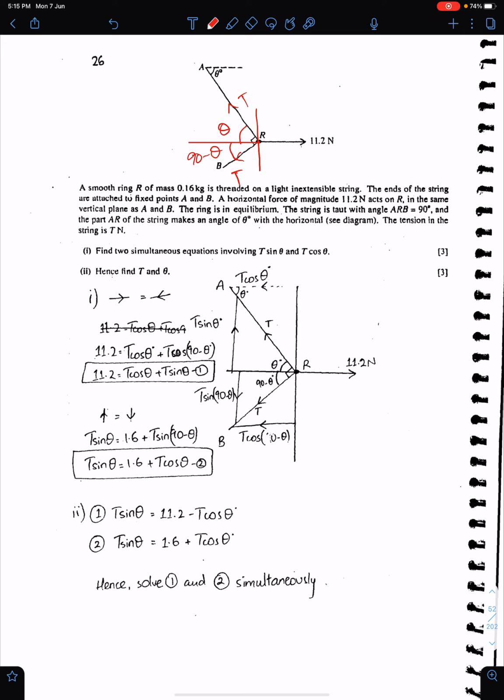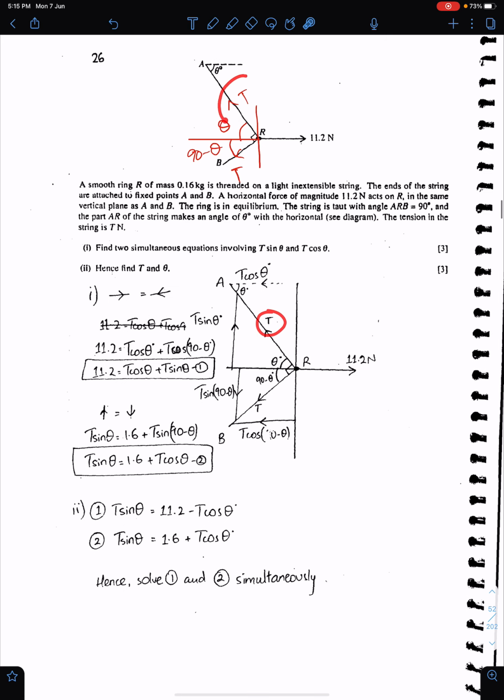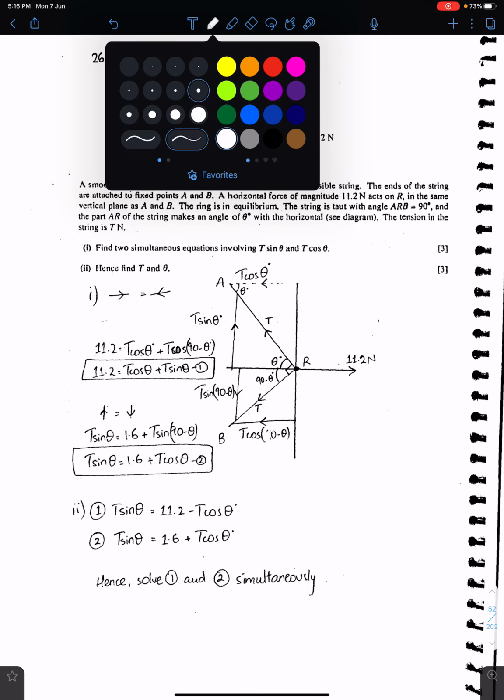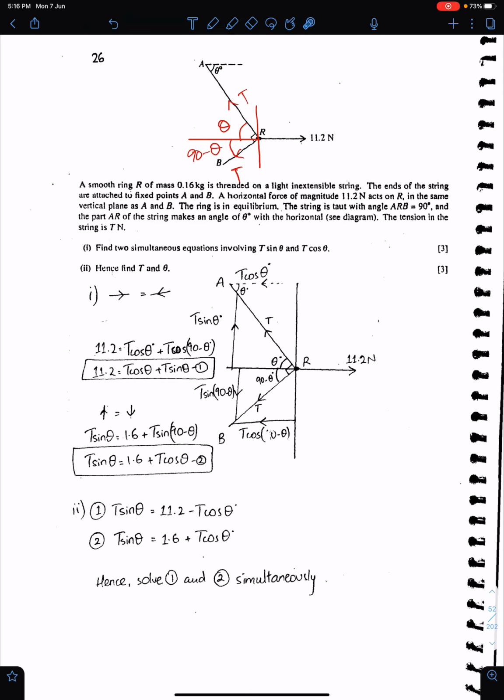Tension, tension. Now you just need to resolve forces at R. So this T is here with angle theta. It has two components, T sine theta and this, and the other T has two components, T sine 90 minus theta and T cos 90 minus theta.